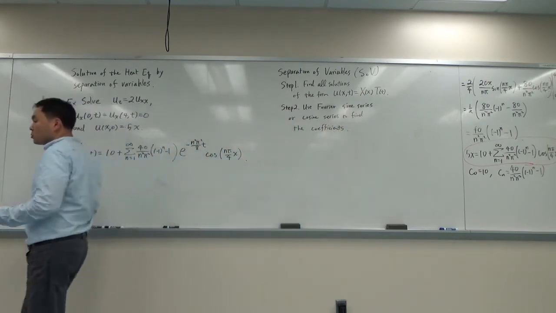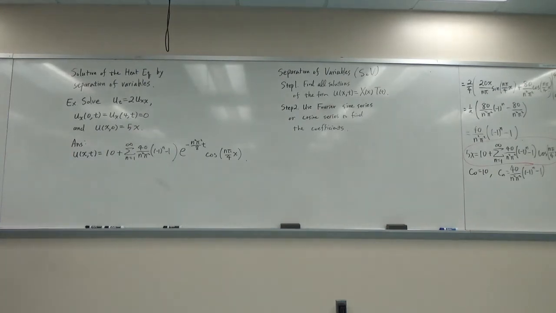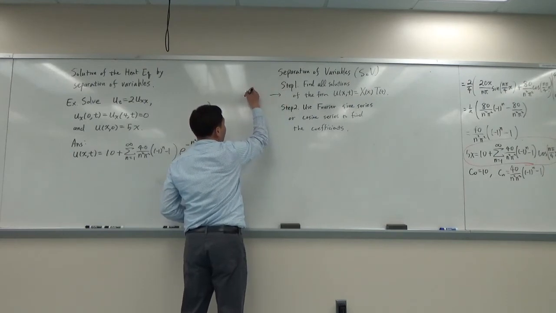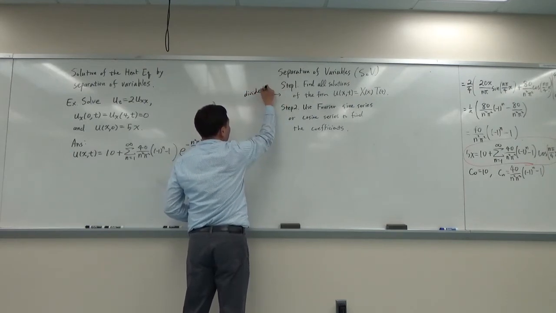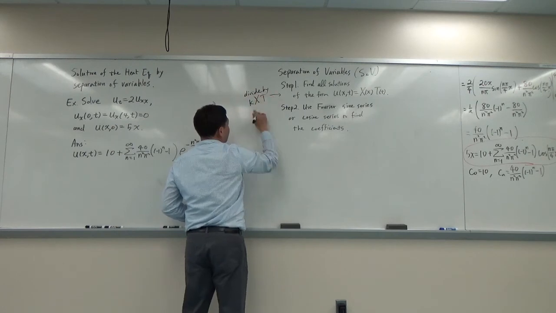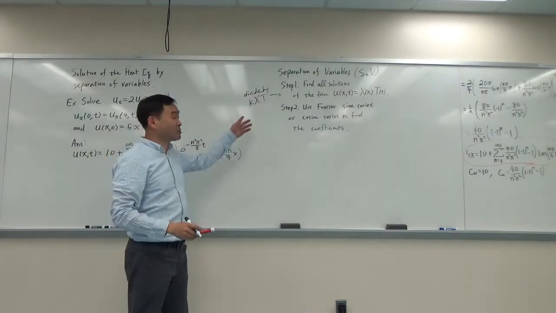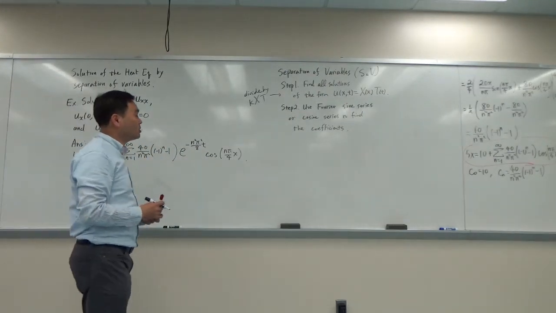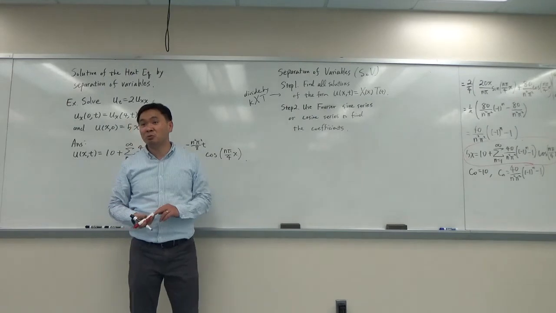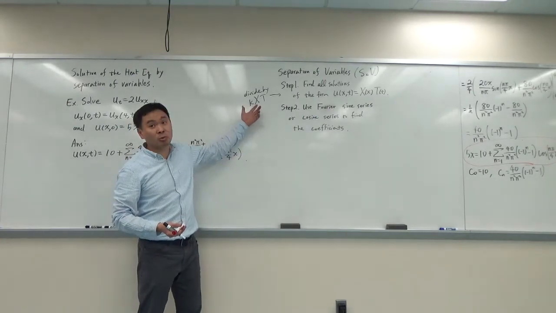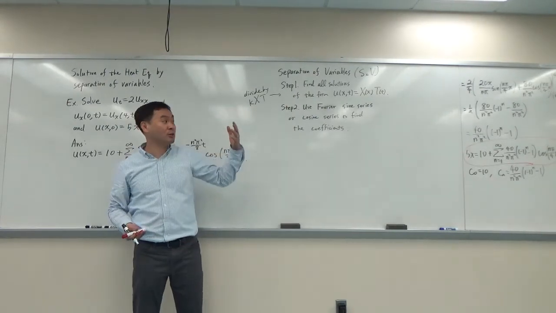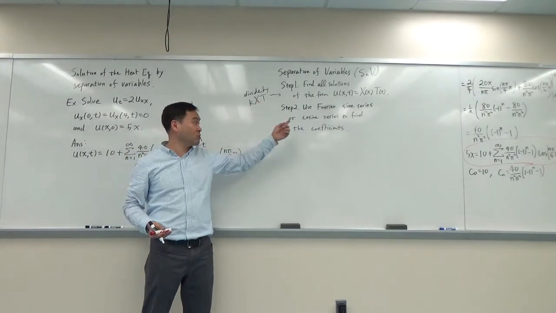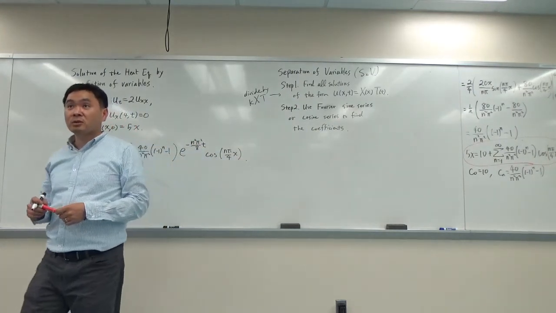And the crucial step at some point is over here. There's this crucial step where you divide by k X T, or for wave equations, we'll be dividing by c squared X T, and that's going to give you some Sturm-Liouville type of problem which you solve. And depending on what type of solutions you get, if you get sines, you need sine series. If you get the cosine functions, that's the eigenfunctions, you need to do the cosine series. Okay.